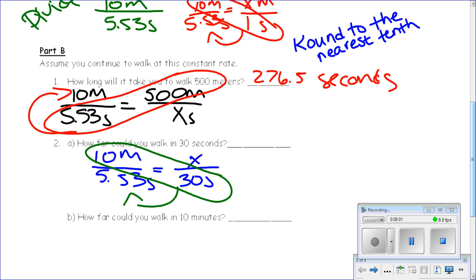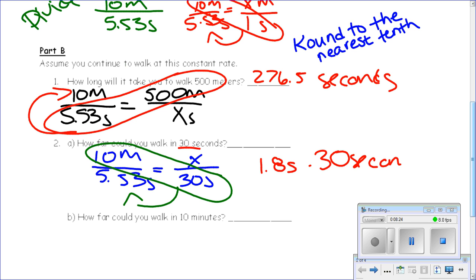And like Blake was just saying, our 10 over 5.53, when we converted that, when we divided it, we got 1.8. So technically, we could have done 1.8 and multiply that by the amount of seconds they gave us here.